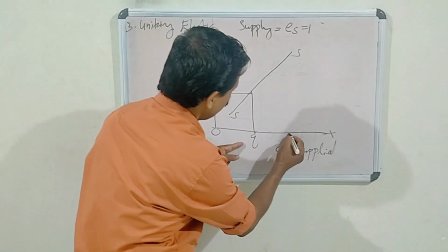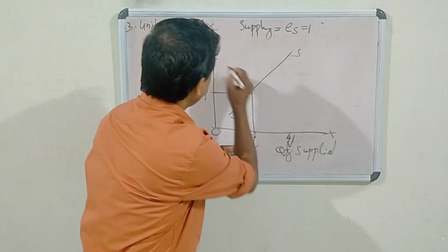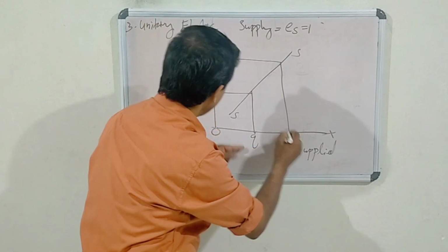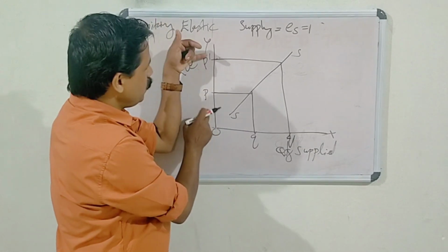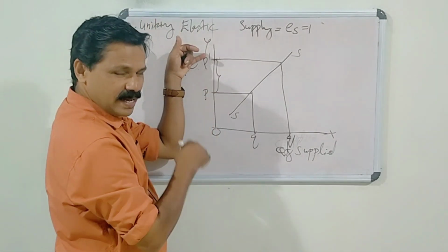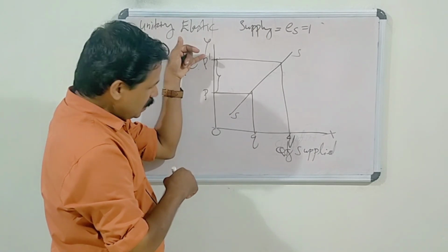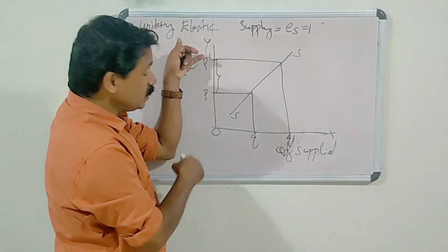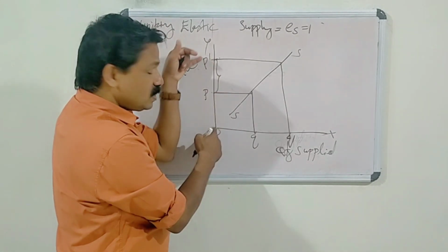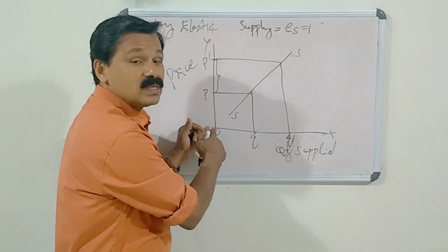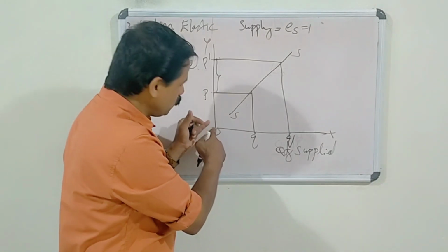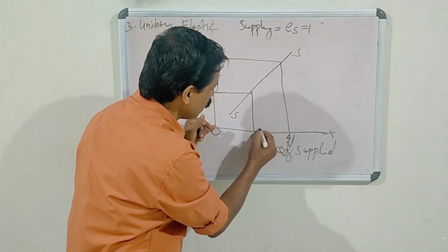The price of the commodity increases from OP to OP1. This much incremental change can be seen in this diagram. If the price increases from OP to OP1, the quantity supplied by the sellers increases from OQ to OQ1.